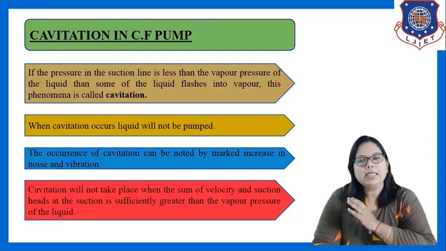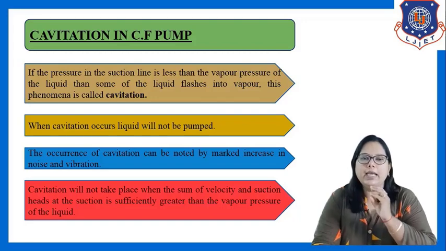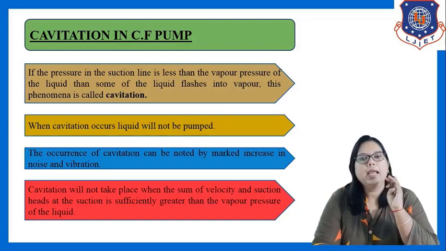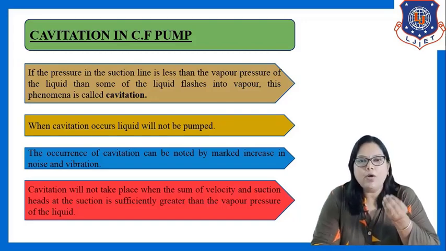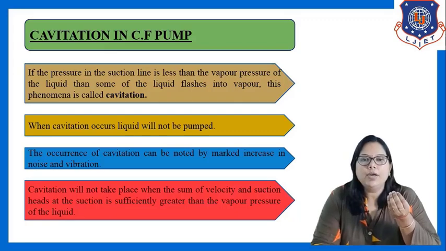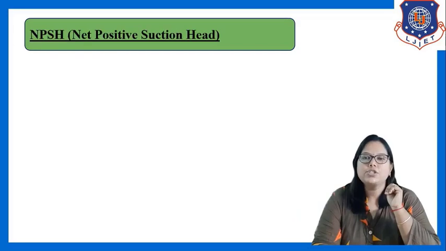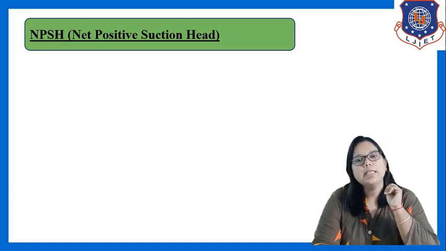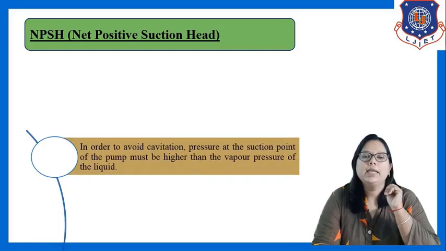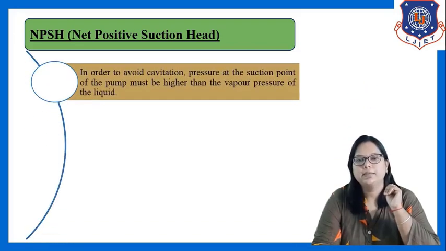So, these are the conditions like air binding, priming and cavitation. Now, how can we avoid this cavitation? So, let us see the next topic, which is NPSH, which is very important in case of centrifugal pumps. NPSH stands for net positive suction head.